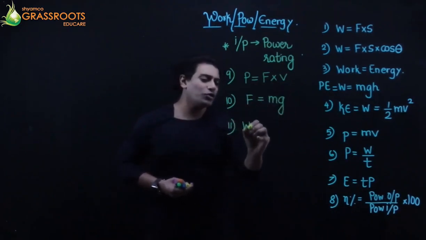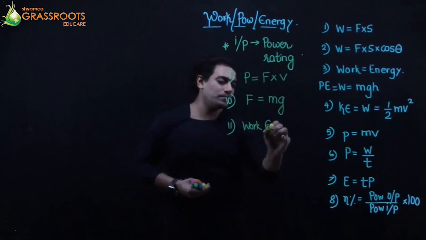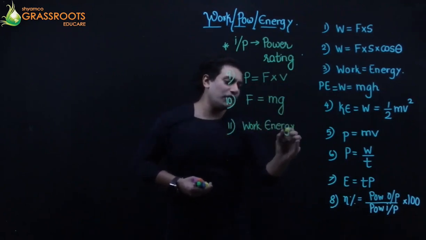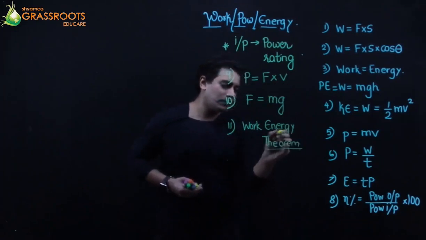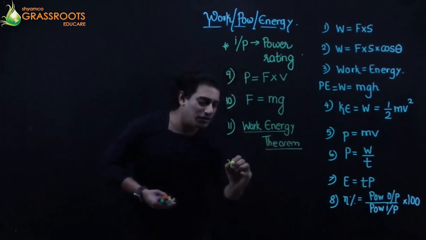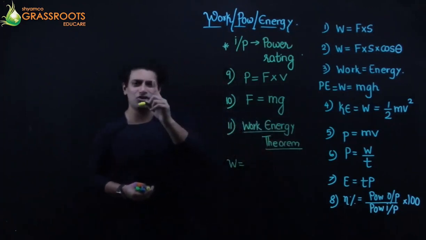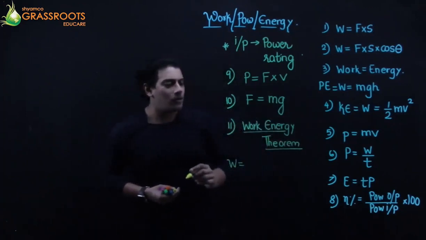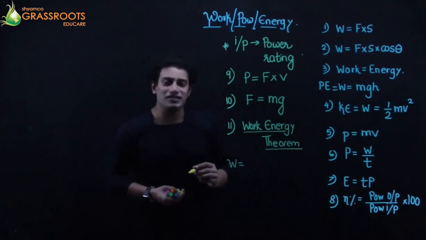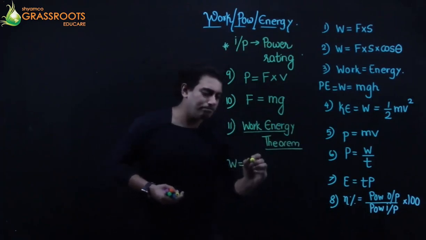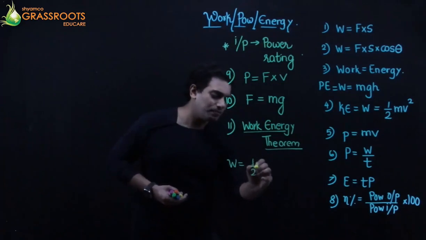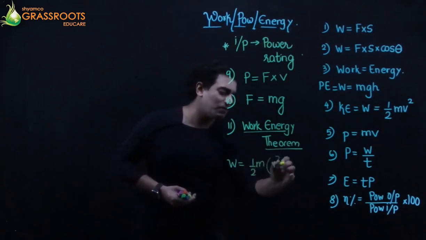11th, according to work energy theorem, we can say that the work done, एक ही question में we are going to use this formula in just one question. Okay, according to work energy theorem, work is equal to half m bracket v square minus u square.